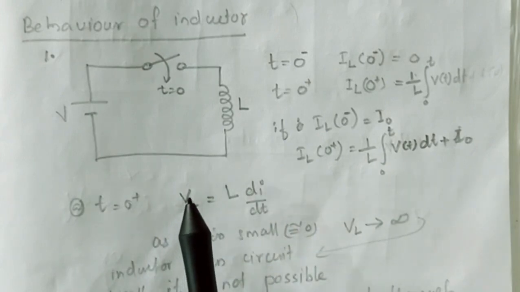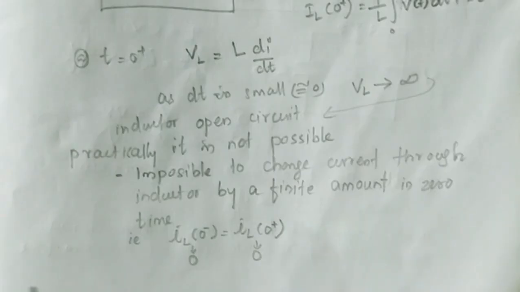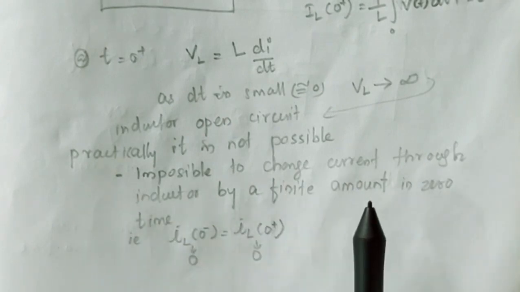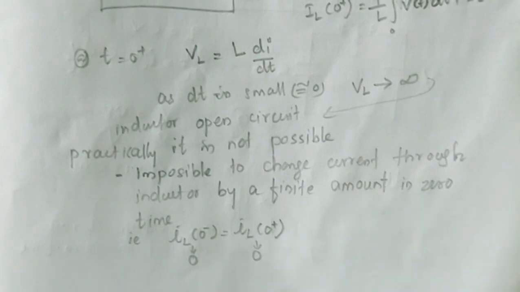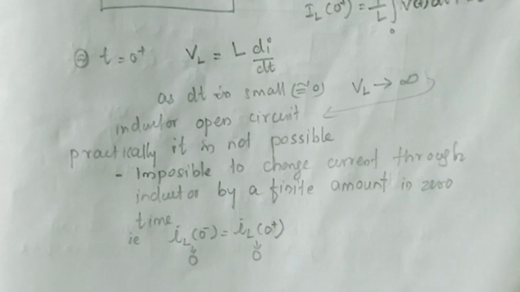So under that condition, VL becomes infinity. It is practically not possible. As I mentioned earlier, it is impossible to change current through inductor by a finite amount in 0 time. In order to obtain that, VL should be infinity within 0 time. That is practically not possible.